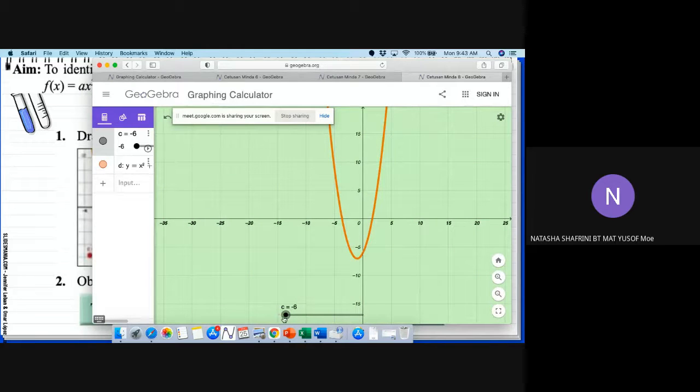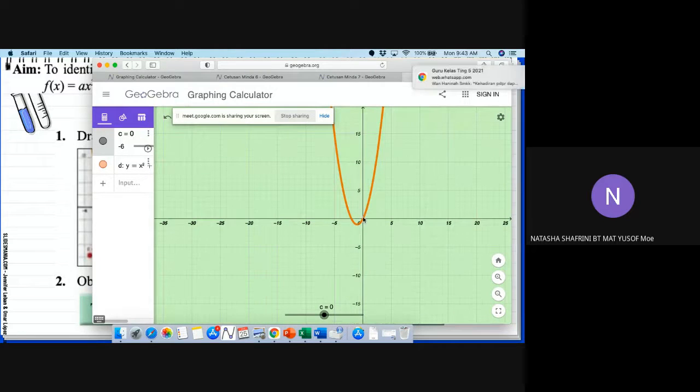Okay, sebenarnya kalau nampak, dekat mana cikgu letak C ni, dekat situ dia punya intersection between y-axis dengan graph. Okay, tengok C equal 0. Nampak ni, C equal 0. Okay, sekarang ni cikgu letak C equal to 2. Nampak tak? Dia cross dekat Y equal 2.